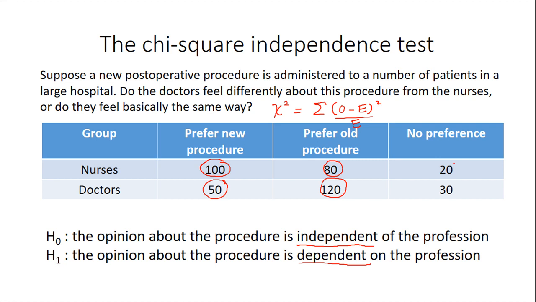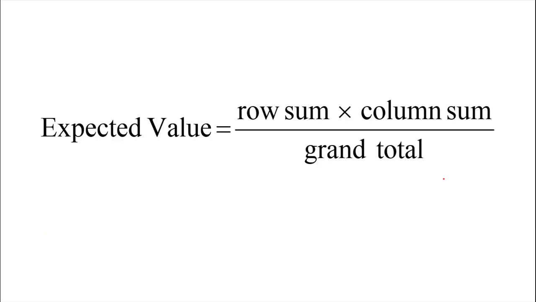Now we need the expected value. How to calculate the expected value for data in the contingency table? The expected value is equal to the row sum multiplied by the column sum divided by the grand total.